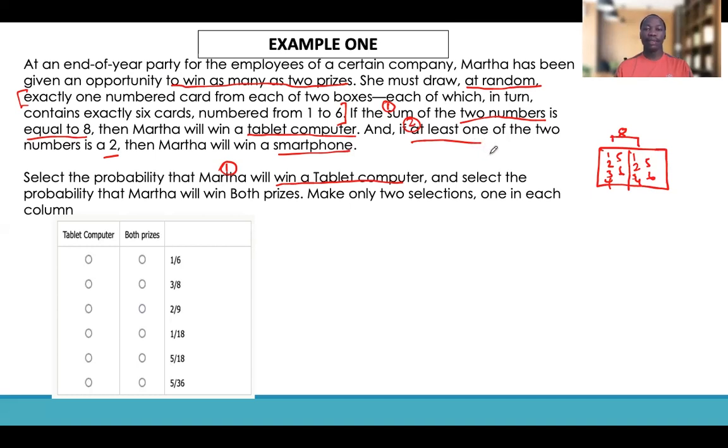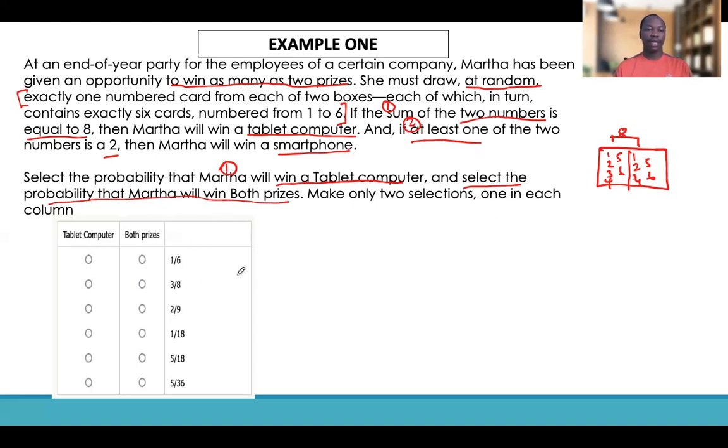If she picks from the two boxes, the scenarios that she will have picked from, if at least one of the two cards is a 2, then Martha will win a smartphone. All right, we'll look at the same practice. So this is selectively that Martha will win both prizes.